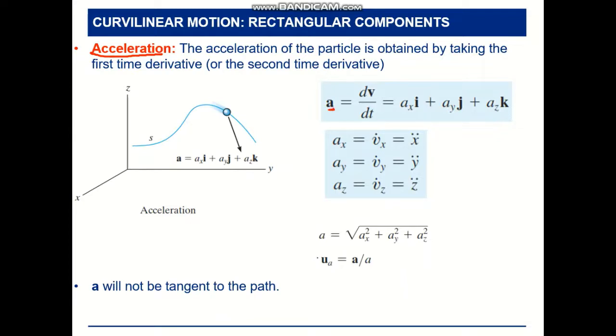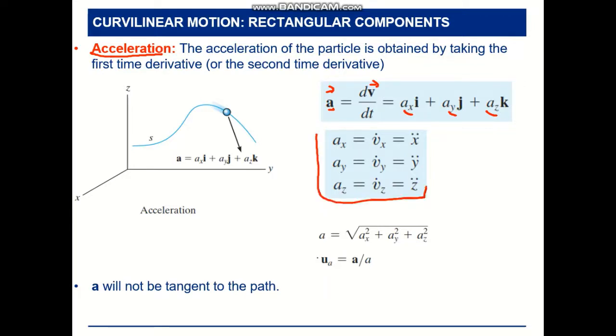The acceleration vector is the first derivative of the velocity vector with respect to time: the x direction acceleration i, y direction acceleration j, z direction acceleration k. You can analyze it the same way as the velocity component in previous slides.